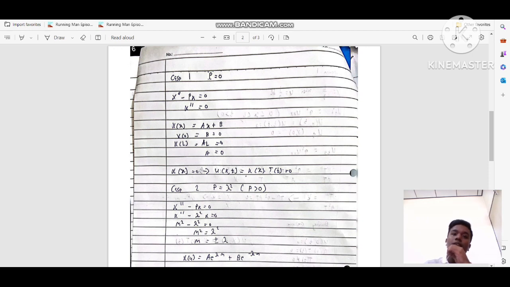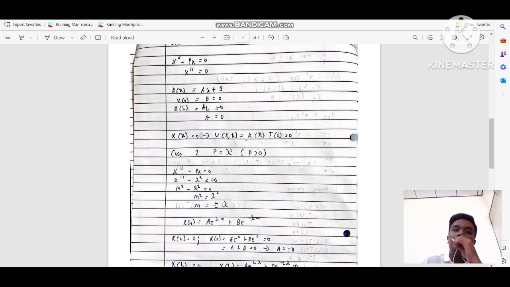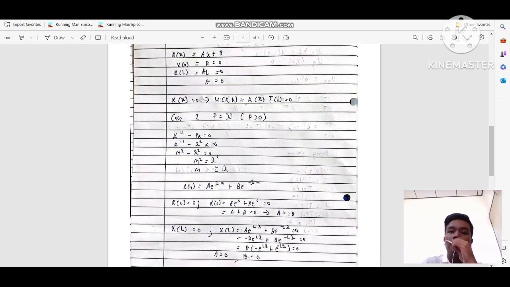Okay, for the second case, when p is larger than 0, or p is equal to lambda to the power of 2, we're going to use the same equation, which is X double prime minus pX equals 0. So we just substitute this p with lambda square, as you can see here, equals 0. So we just rearrange and we change it to m square. Okay, so m square is equal to lambda square. So m is equal to plus minus lambda, and then we just substitute into the equation.